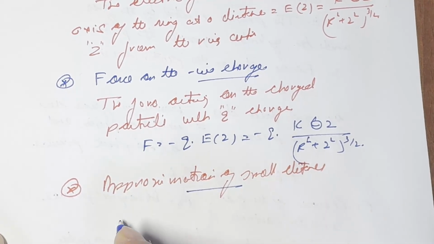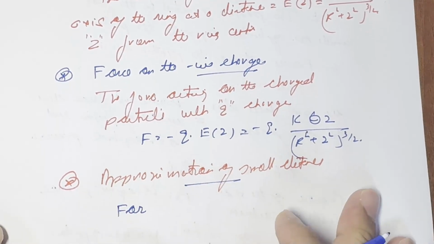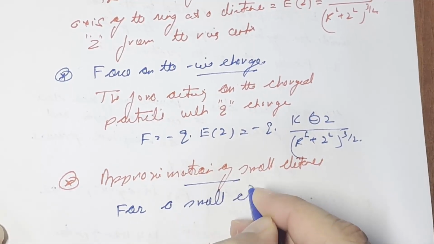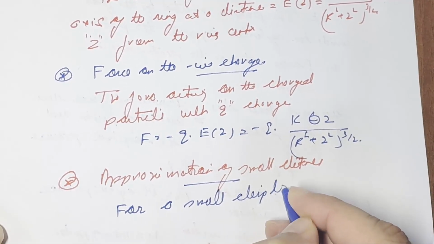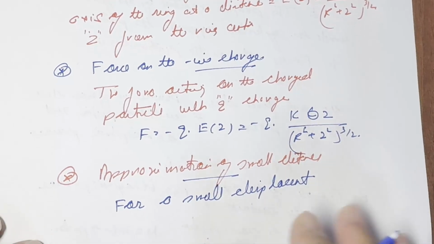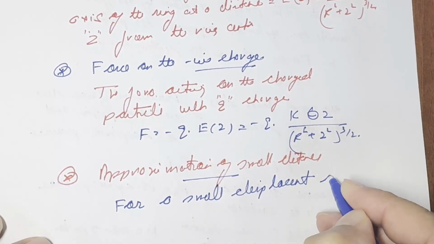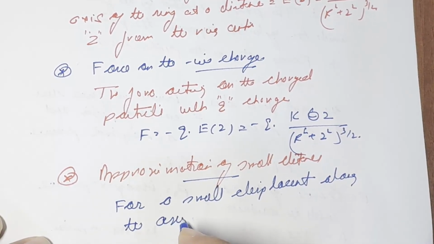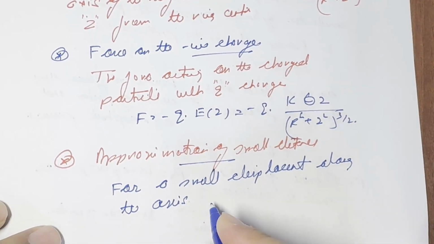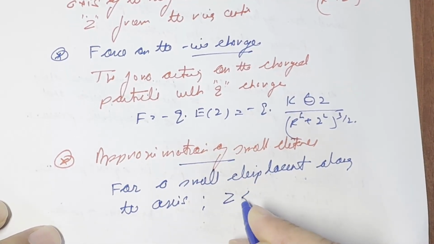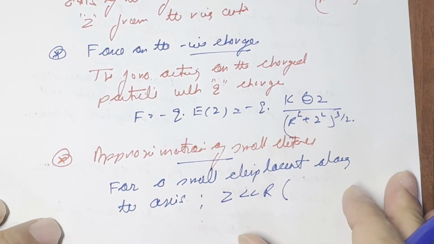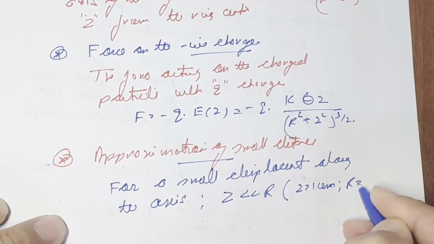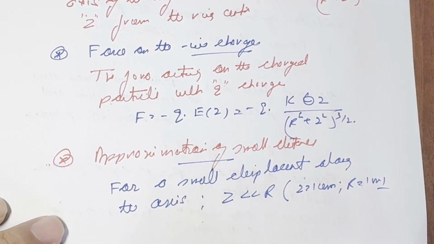For a small displacement along the axis, z is very small compared to R, because z is 1 centimeter whereas R is 1 meter.